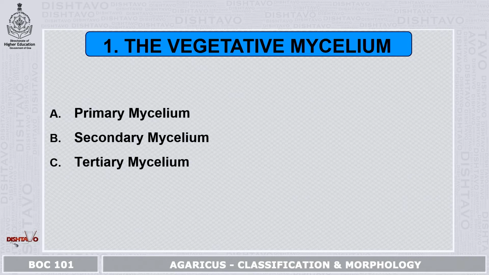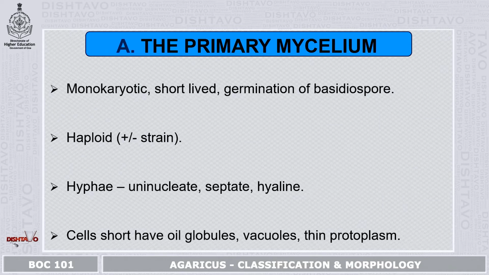The vegetative mycelium, students, the first part, can be differentiated into primary mycelium, secondary mycelium, and tertiary mycelium. The primary mycelium is monokaryotic in nature. That means it has a single nucleus, is short-lived, and arises from the germination of a basidiospore.